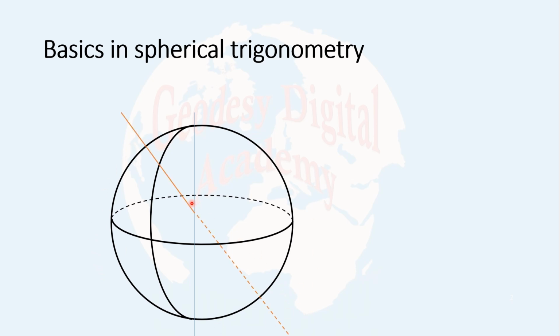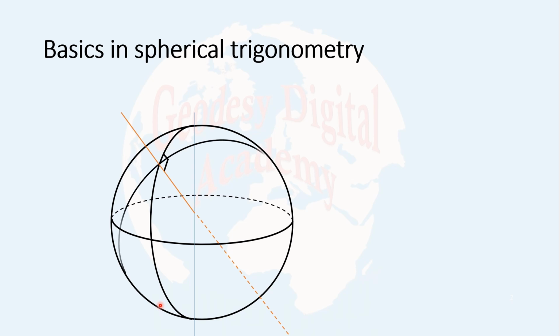Now consider a normal to the sphere, and we know that all normals to the surface of a sphere go through the center of the sphere. And now a tangent plane to this normal.